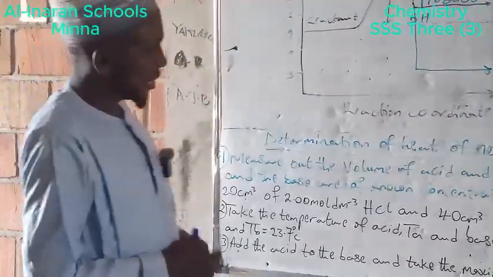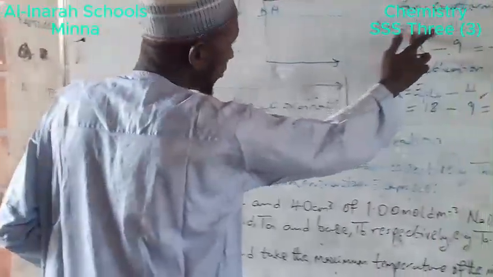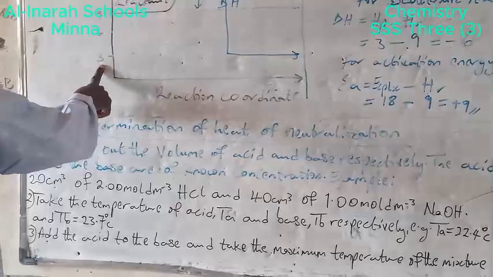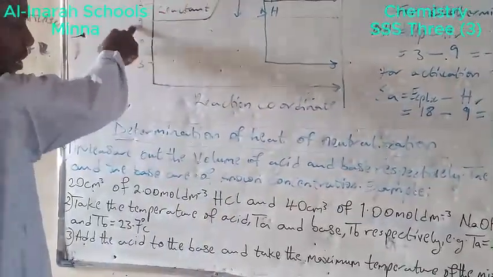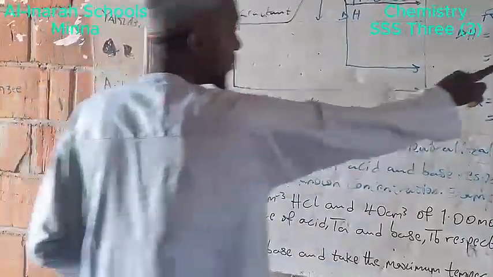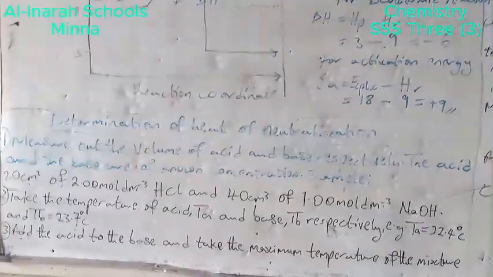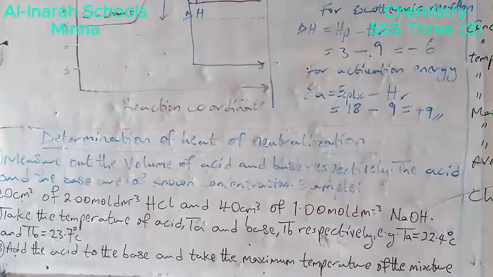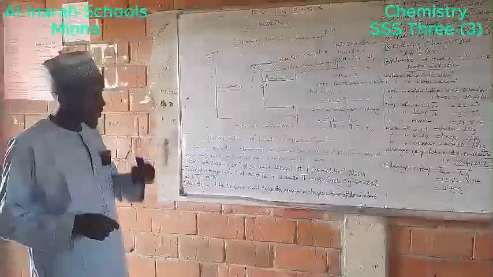Now if you take the difference from the formula, heat of product is going to be 3, and heat of reactant is going to be 9, the way it is here. If you take the difference, it's going to give you minus 6. This is telling you that this reaction is an exothermic reaction. And just like I said earlier, if it is not giving you minus, that means definitely there is a problem.